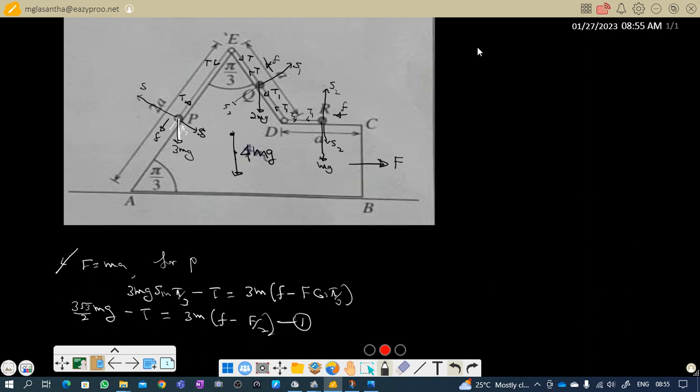Then you can apply F equals ma for Q in this direction, the DE direction.